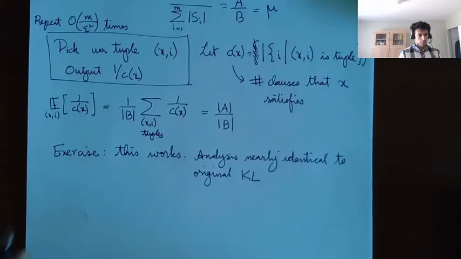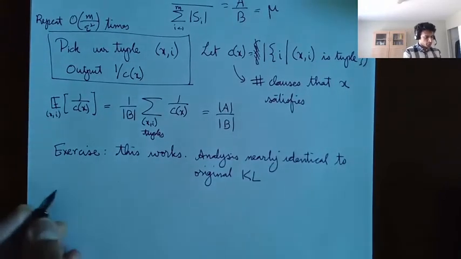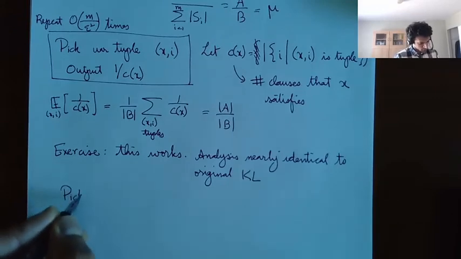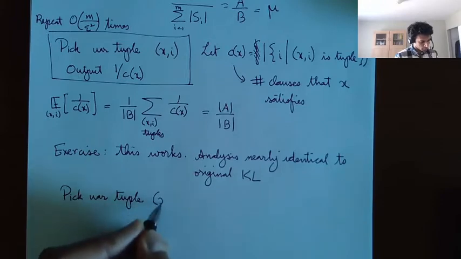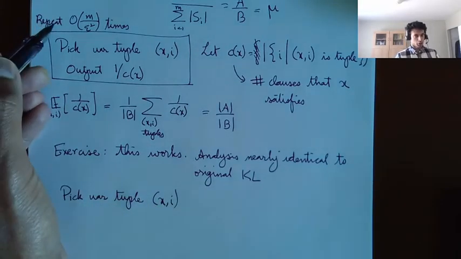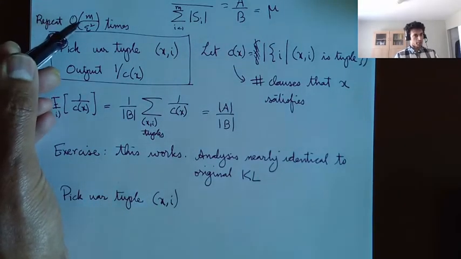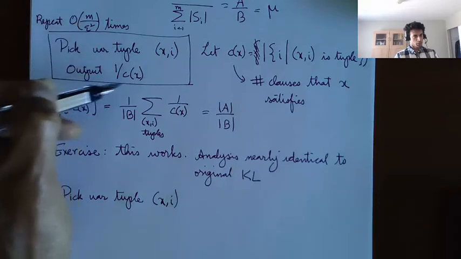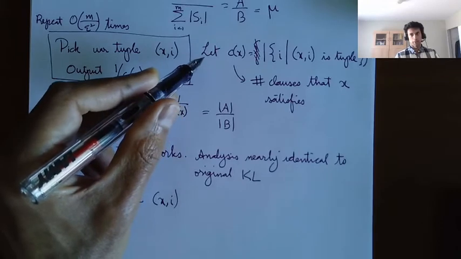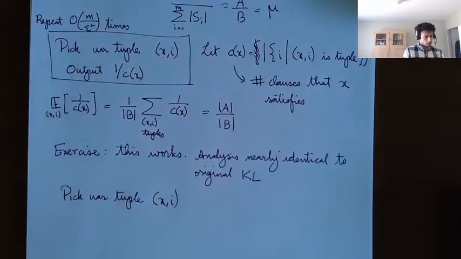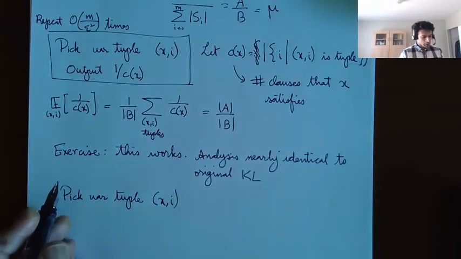Okay. Now the improvement. I'm going to pick a uniform random tuple. Recall that this is going to be m squared, right? Because this is m times you're doing this step here, and then to compute c(x) requires m time. So that's going to be m squared. But now let me give you an improvement.